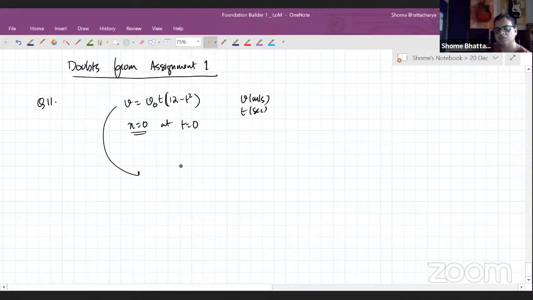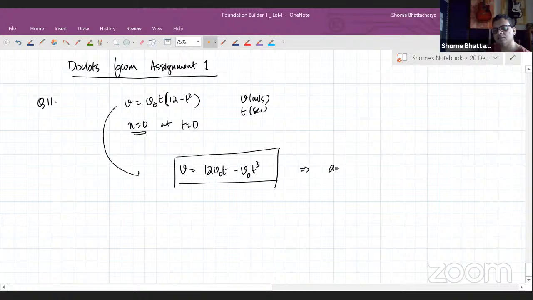Now if we expand this a little, it is 12 v naught t minus v naught t cube. This is the velocity. From this we can get acceleration by differentiating.